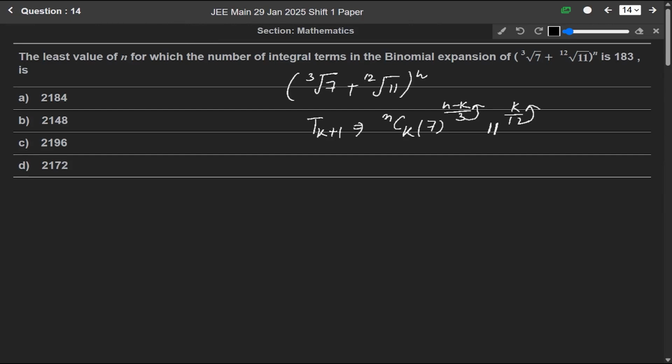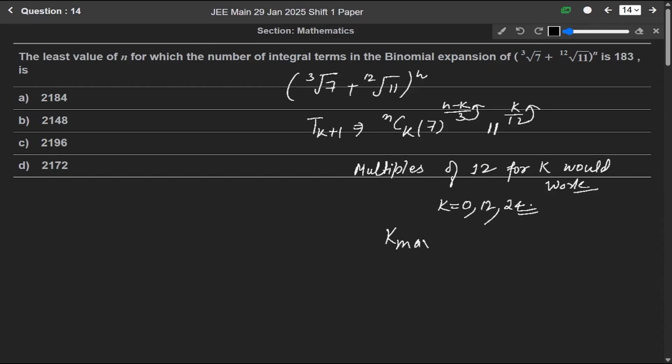So for integer terms, k is a multiple of 12, so it works when k equals 0, 12 or 24. So the maximum value of k will be 12 into 182, so it will be 2184.